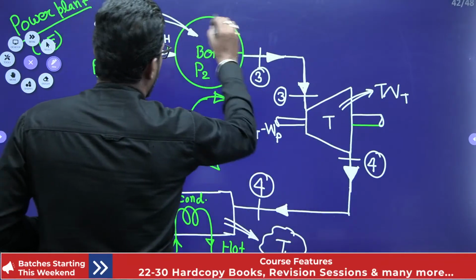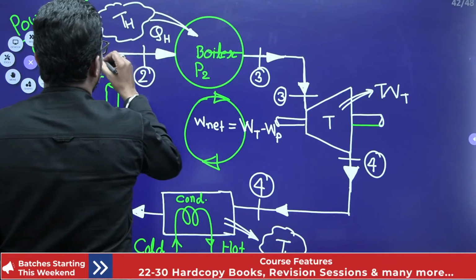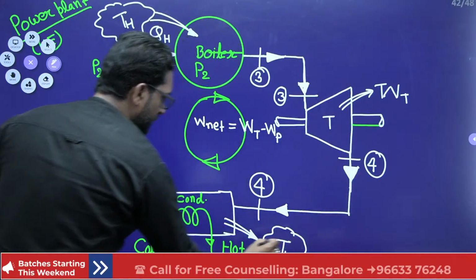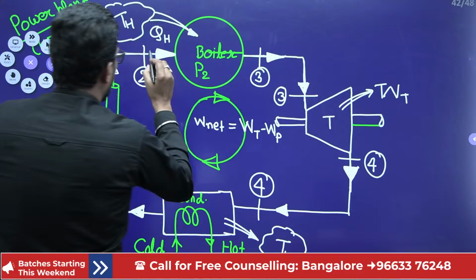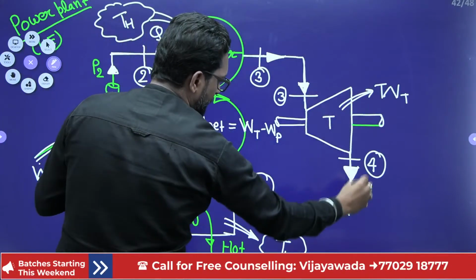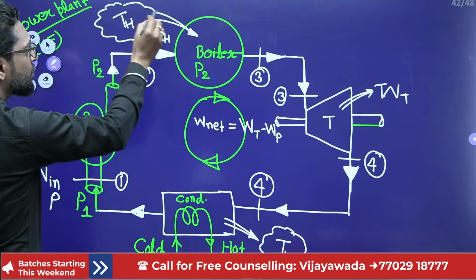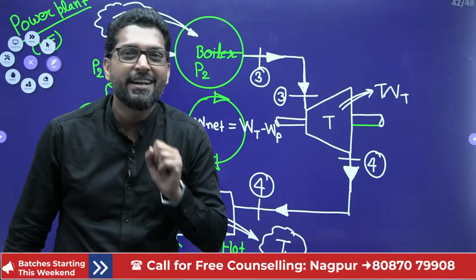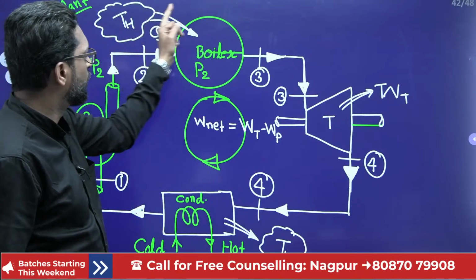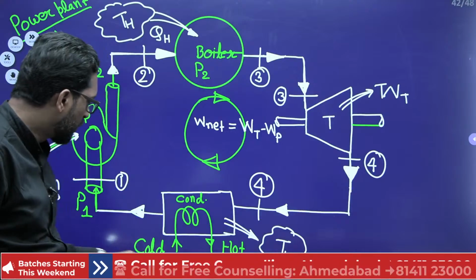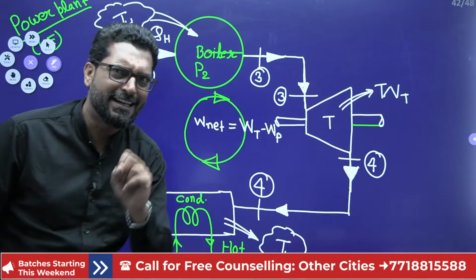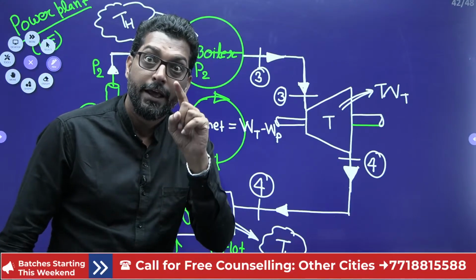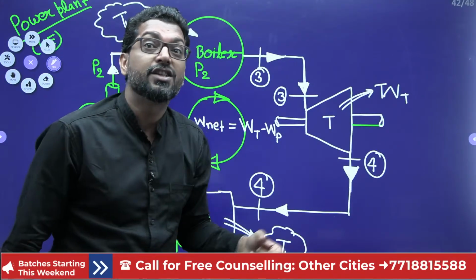So the power plant, if you take this as a system, this is your closed cycle. It is not isolated. If you draw the boundary to include all the components of a power plant, it is not an isolated system. It is a closed system.